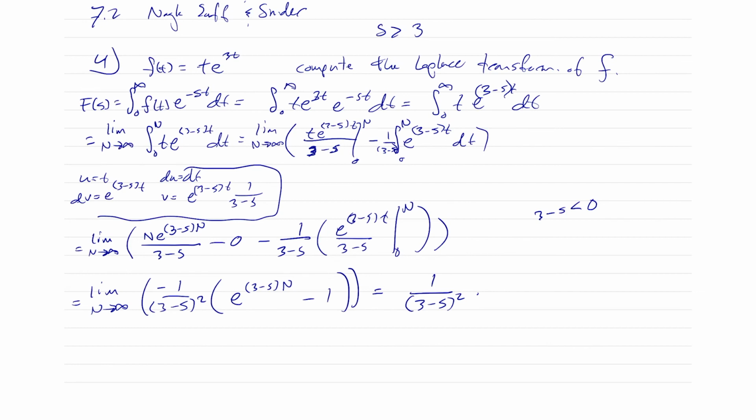So now for fun, let's take a look at what would have happened if we used our properties of the Laplace transform. So number 4, but in the context of 7.3, right? So we're looking for the Laplace transform of t e to the 3t.